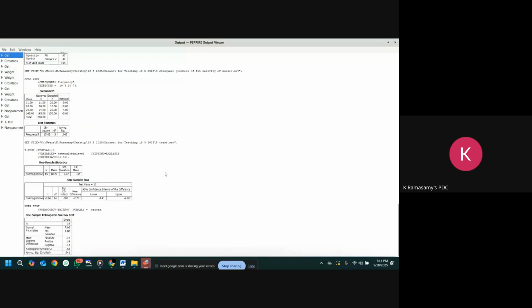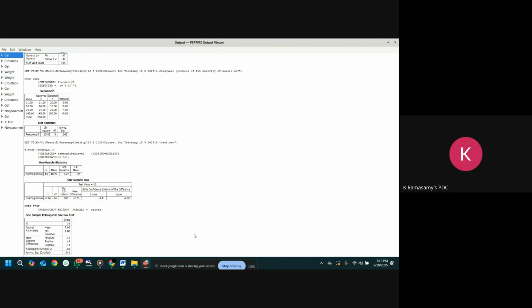The result is here. You can see errors, mean, standard deviation, sig value: 0.941. Please understand, whenever you are testing with this one sample case test, the p-value should be more than 0.05. If the value is more than 0.05, it means the data is normally distributed. If it is less than 0.05, it means the data is not normally distributed.